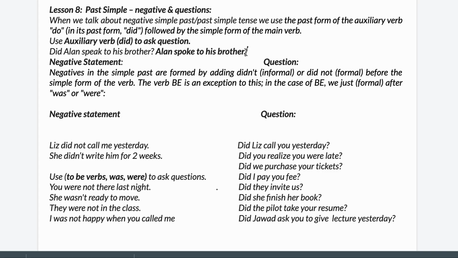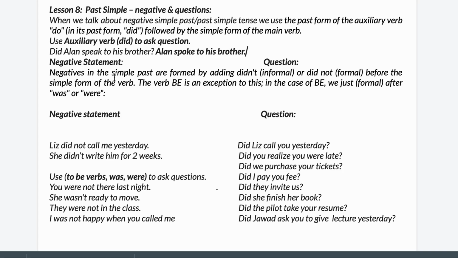Because we have a period at the very end, and we don't have anything before our subject. So our subject starts our sentence. It's a positive sentence and a statement. So, did Alan speak to his brother? Alan spoke to his brother. That's a simple past tense question.